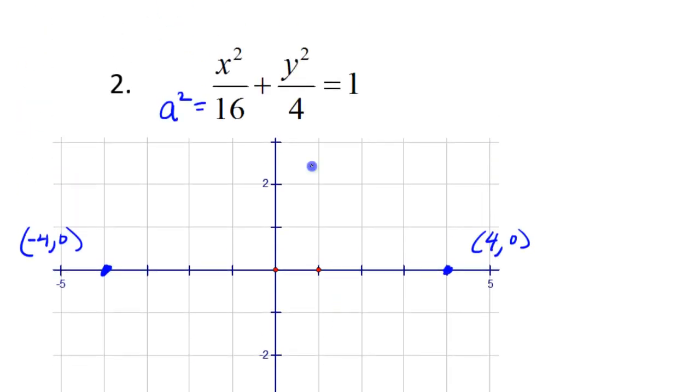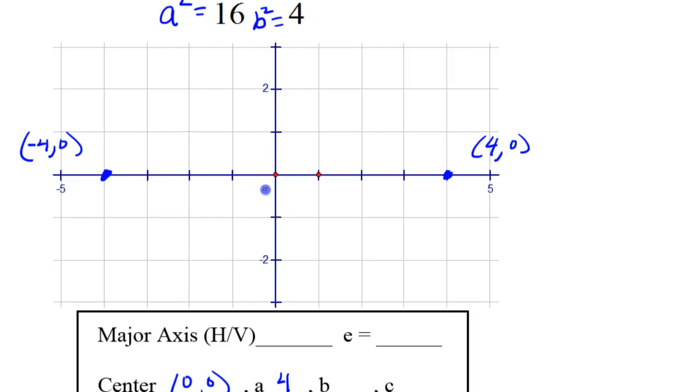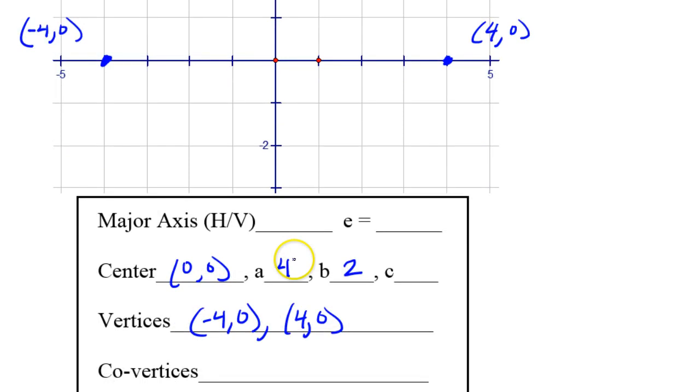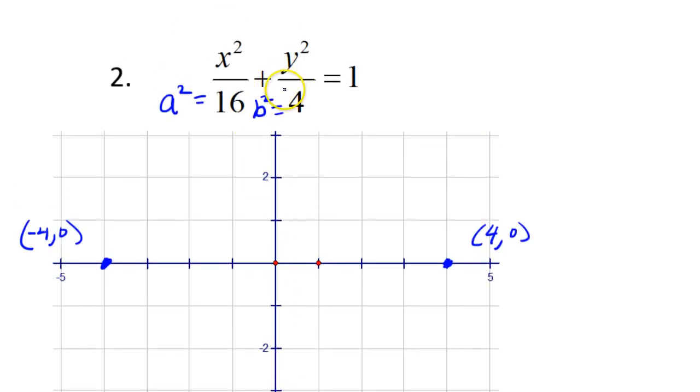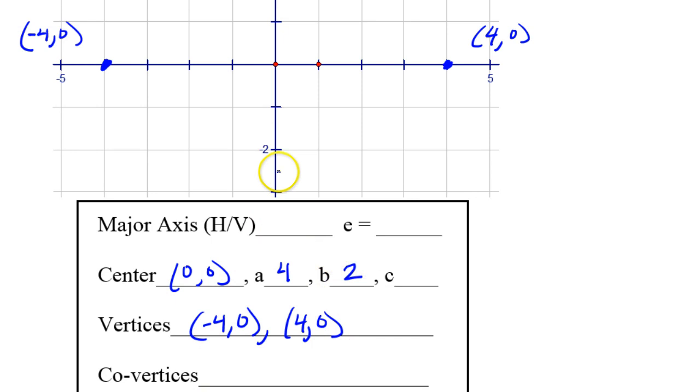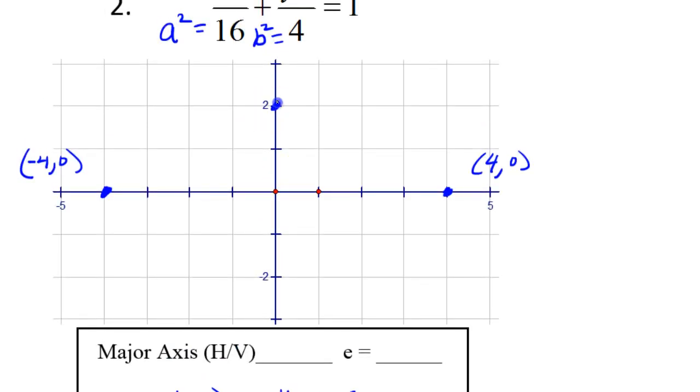Alright, so because of the denominator of 4, that'll be the b squared, alright? The smaller denominator is always b squared. So that means that b must be 2. Because b squared was with the y term, I will do the plus or minus 2 in the y direction. So I will go up 2 and down 2 like this.